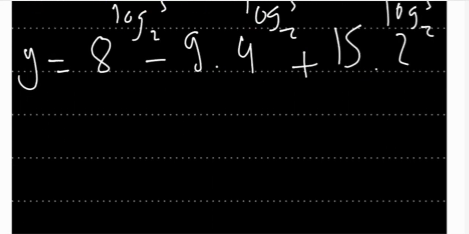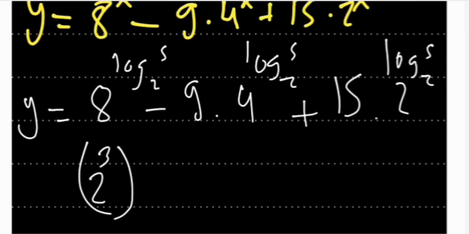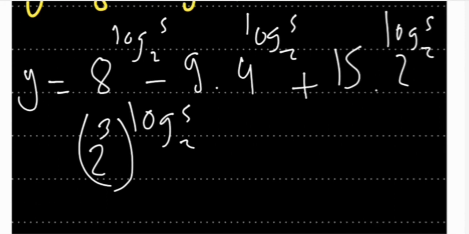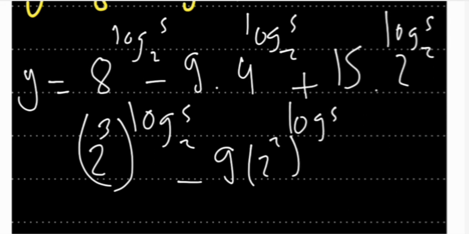Okay, now remember, 8 is 2 to the third power, to the log of 5 in the base of 2, minus 9, 4 is 2 to the 2 power, to the log of 5 in the base of 2, plus 15 multiplied by 2.